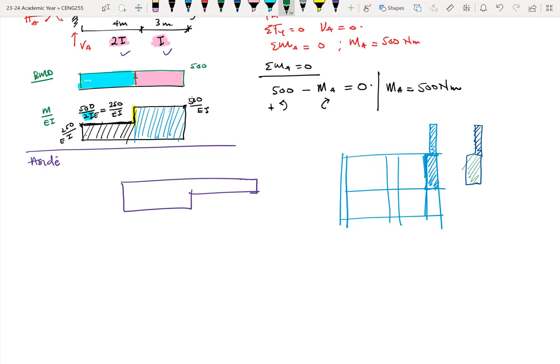So going back, when you are finding moments or reactions, reactions are vertical reactions, horizontal reactions, and then moments if there are. All of these are found based on directions.